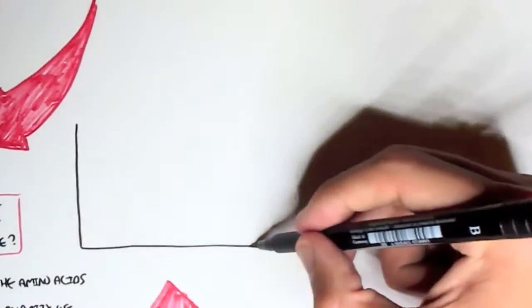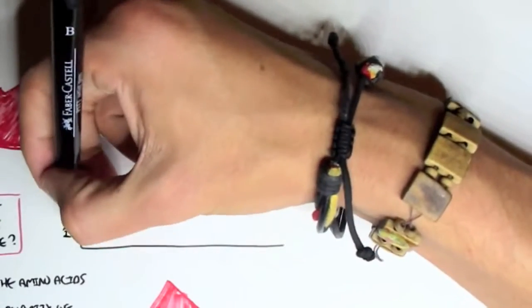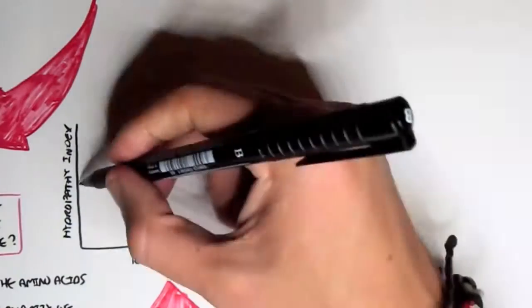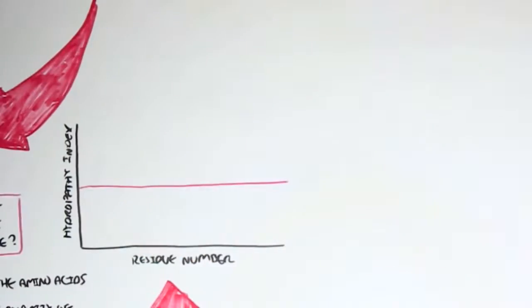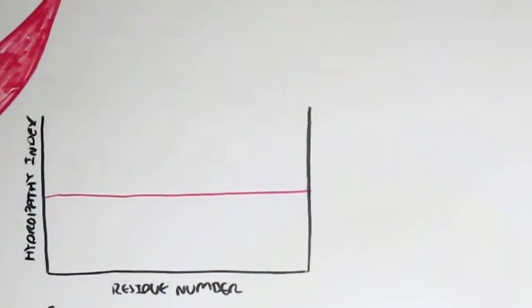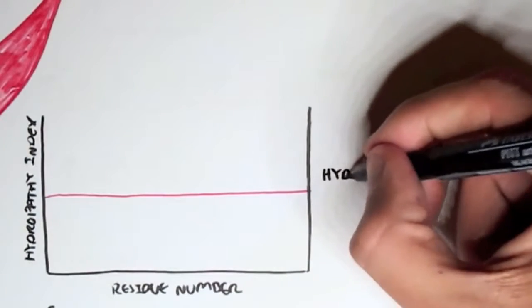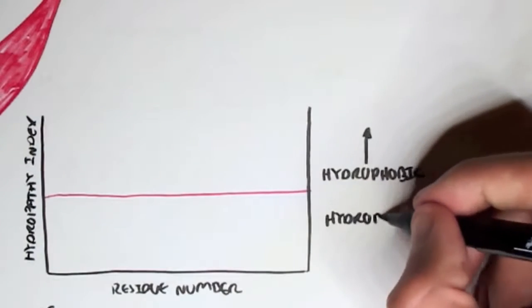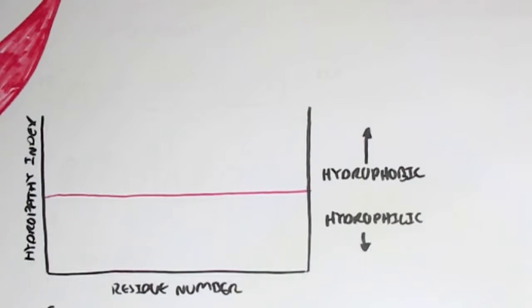And so we can draw a graph, a hydropathy index graph. So here on the x-axis we have the residue number, which is the amino acid sequence of the protein, and the hydropathy index on the y-axis. There's a red line in the middle which indicates that an amino acid that is hydrophobic will be above this red line, and an amino acid which is hydrophilic will be below this red line.